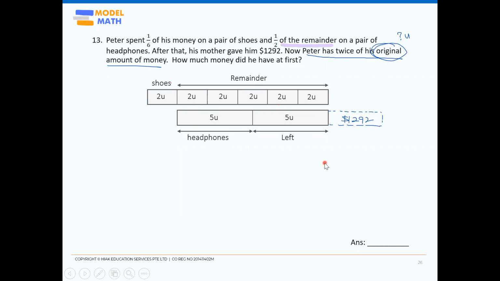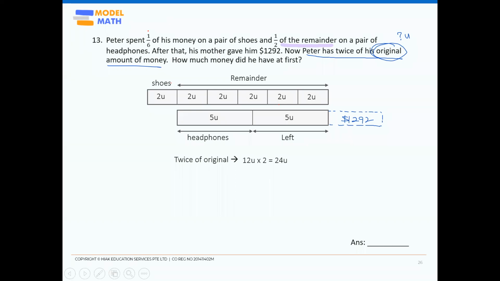The original is the top model: 2, 4, 6, 8, 10, 12, so 12 units. But because I want twice of this original, I have to multiply 12 units by 2. That means now he has 24 units. The final number of units is 24.